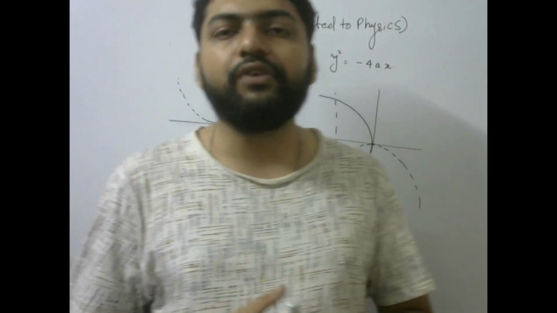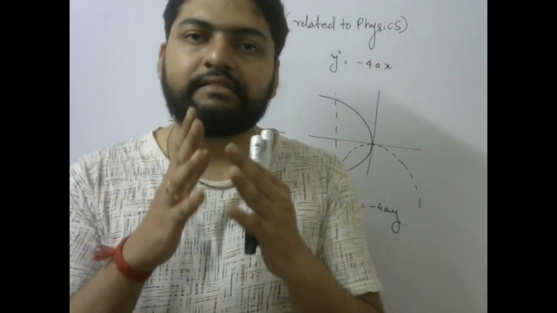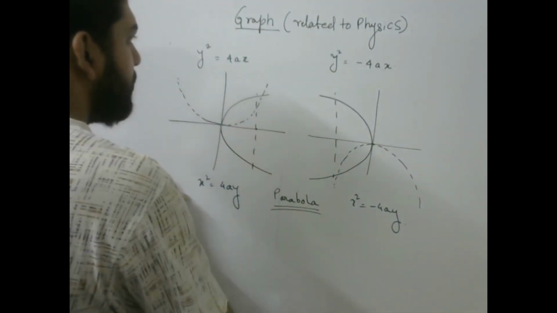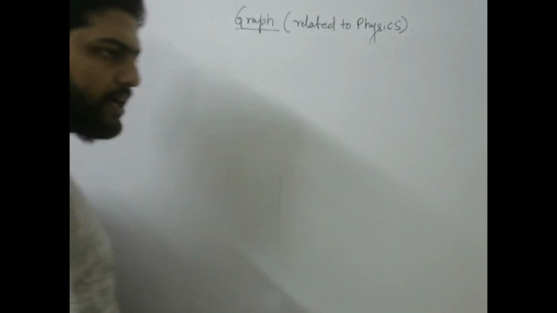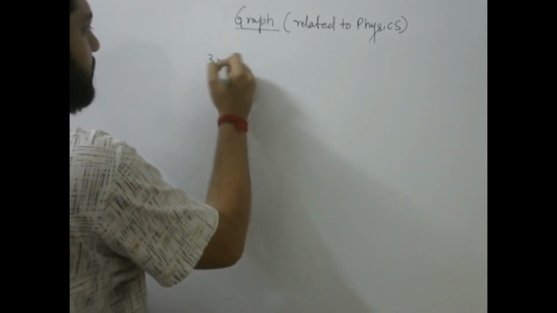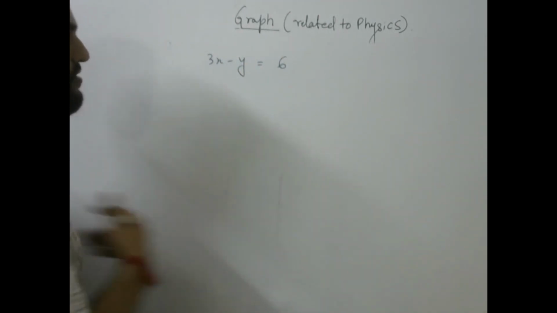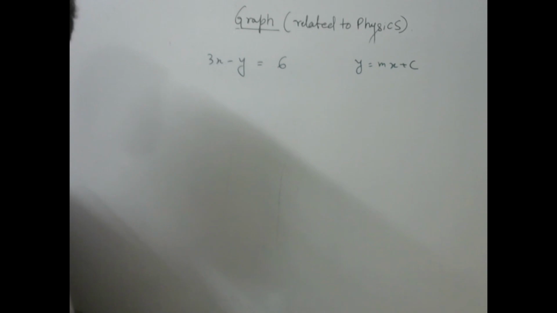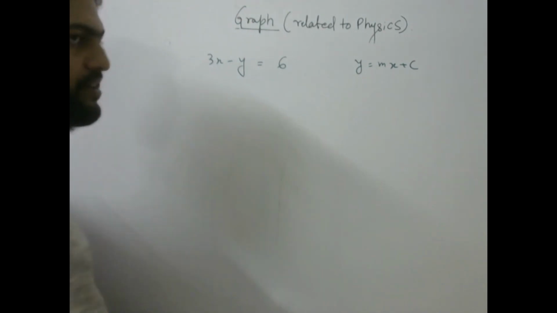So whenever you are given an equation, you need to rearrange it in the form y equals mx plus c, and then you can draw the graph. Let's give an example so that you can solve a problem whenever you have one. For any straight line equation, suppose 3x minus y equals 6. Our representation is y equals mx plus c, so whatever the situation, we need to rearrange the equation in that form.